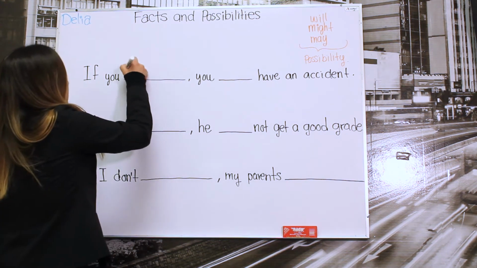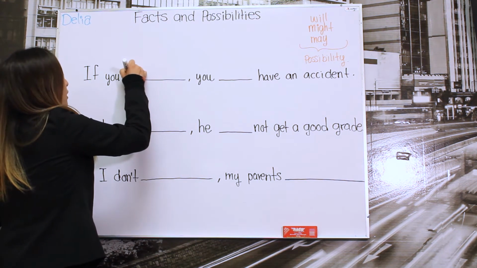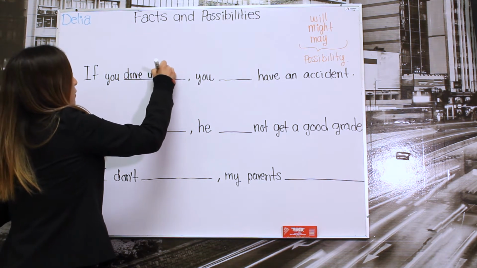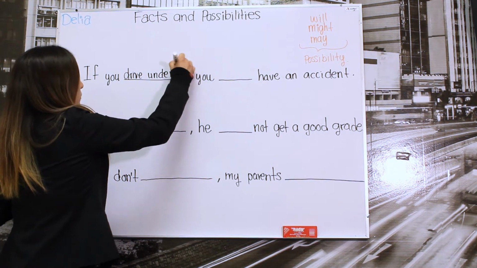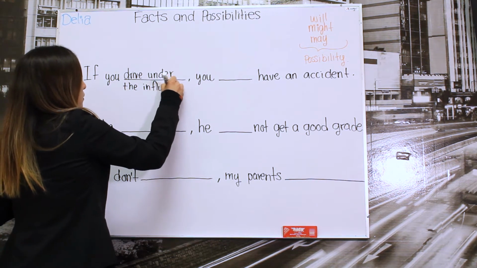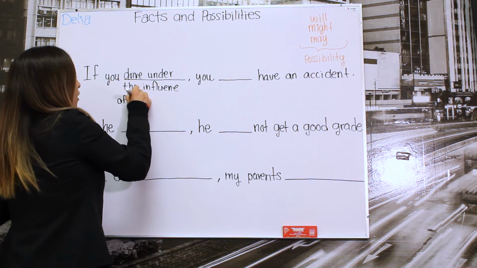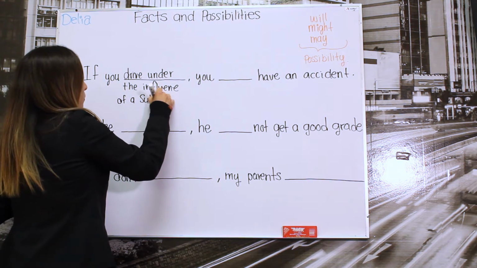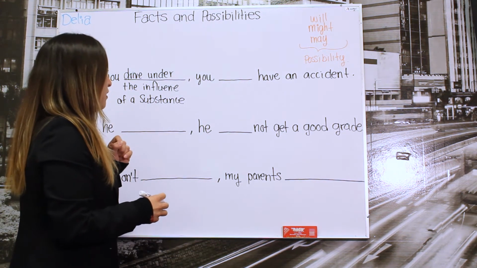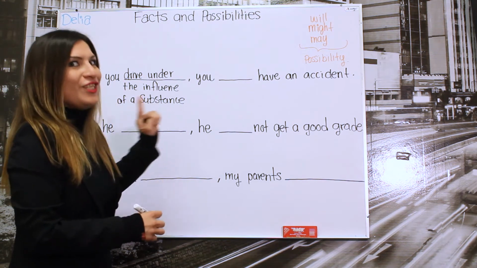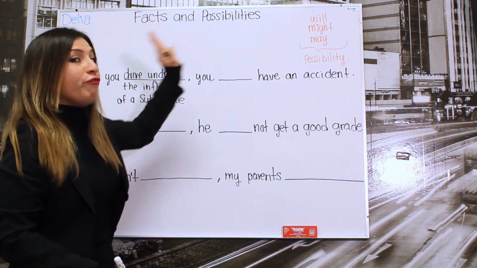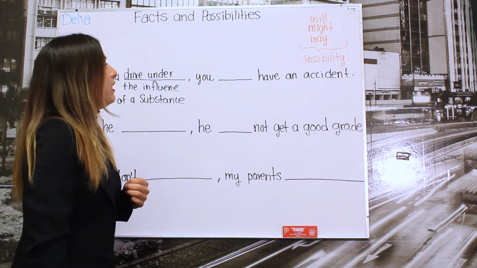So I say, if you drive under the influence of a substance, so this is my recommendation or my condition. If you drive under the influence of a substance, what is the possible future, or the possibility?